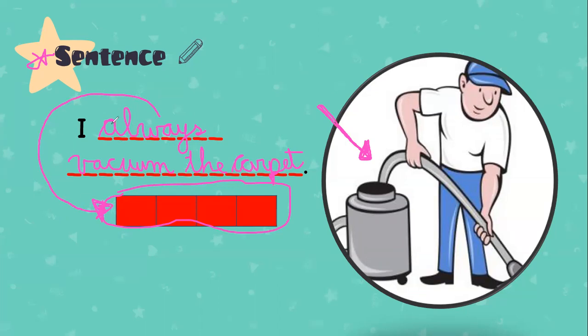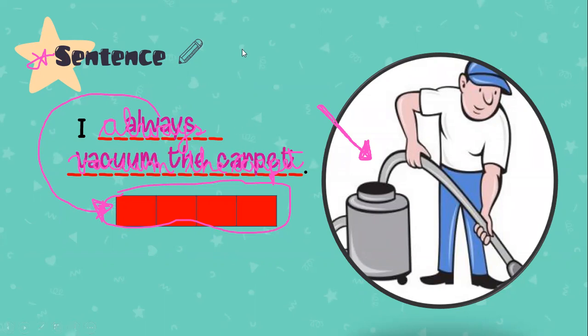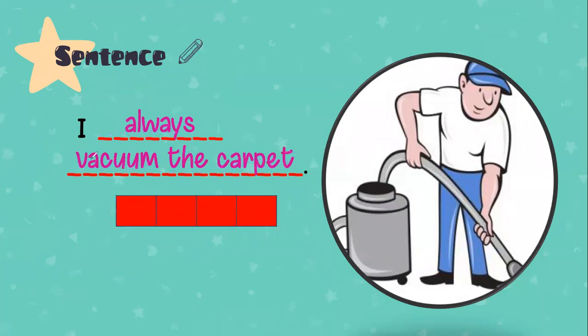I always vacuum the carpet. So we are going to check if our answer is correct. Let's see. I always, yes. Vacuum the carpet. Let me delay this. That's right.